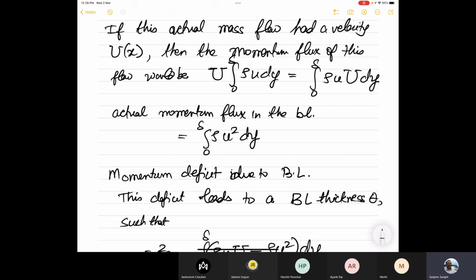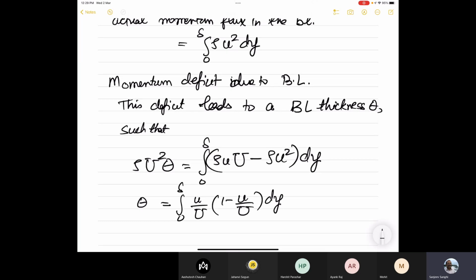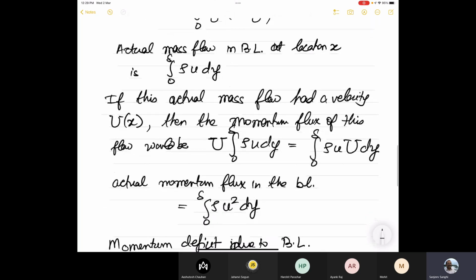That would be another thickness. So then one could define, and the first term would be capital U square, and what you would get is 1 minus small u square upon capital U square. So that also could have been done, but this is defined, and probably the motivation for that is you want the continuity equation to be satisfied when you use the momentum equation.